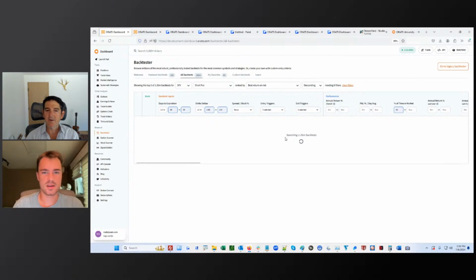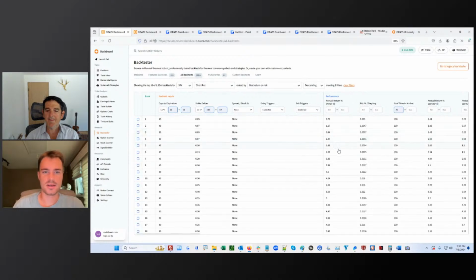The exercise here then is looking to see if similar backtests have better or worse results, sort of looking at the surrounding area of that backtest, and if you want to make sure that you just didn't overfit or get lucky on that one. So the worst one here, way out of the money, you probably wouldn't do that. I put maybe 0.15.